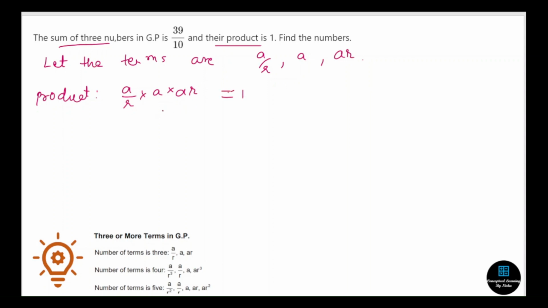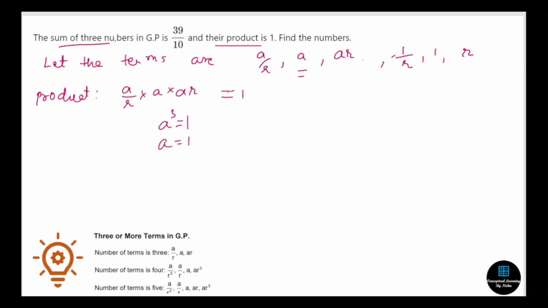We can cancel out r and I'll get a cube equals 1. So a equals 1. So the terms will be 1 upon r, 1 and r.